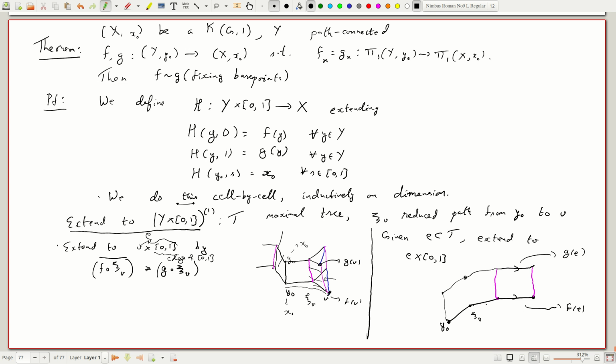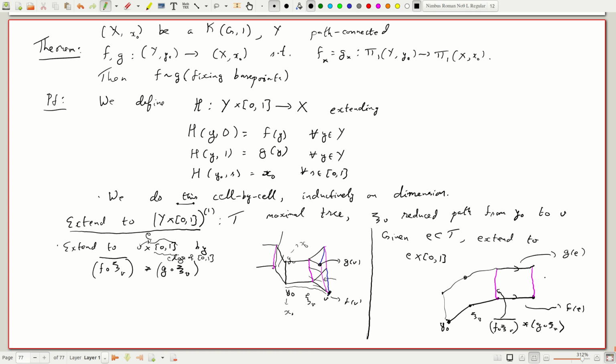What we know is that this path here, by definition, has gone to f of xi v. Let's write it larger by pointing to this: f composed with xi v bar star g composed with xi v.